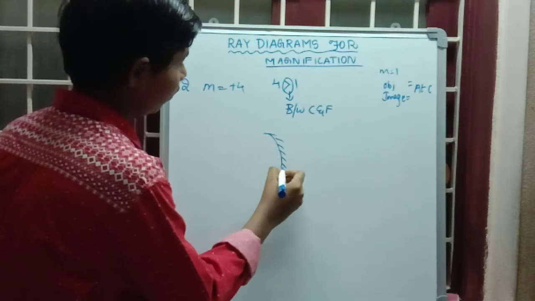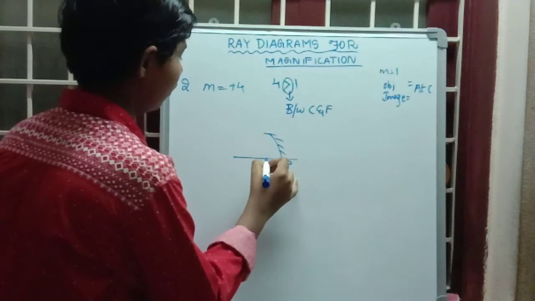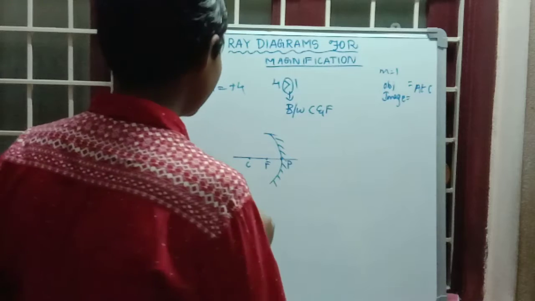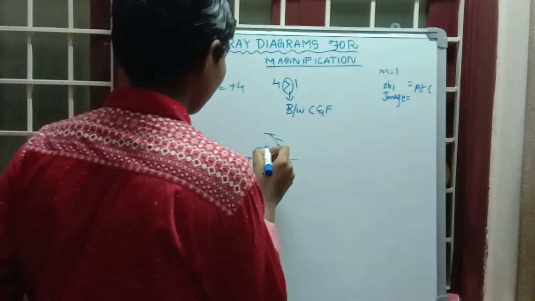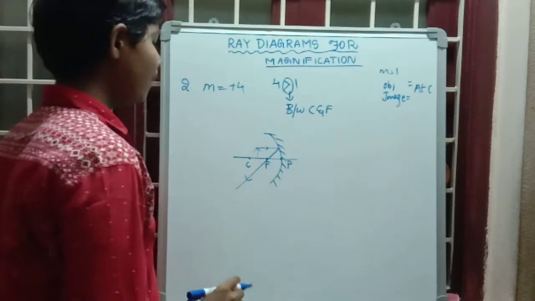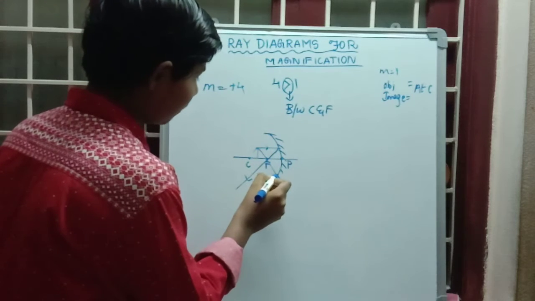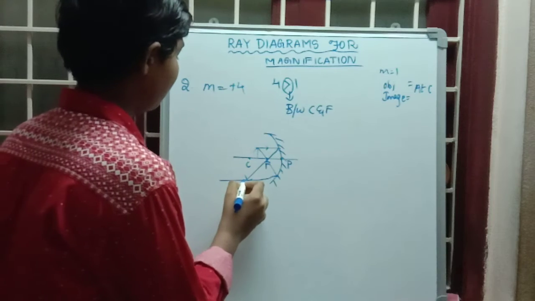This is the concave mirror, pole, focus, center of curvature. Object between center of curvature and focus. One ray is parallel to the principal axis and passes through the focus. The second ray passes through the focus and becomes parallel to the principal axis.